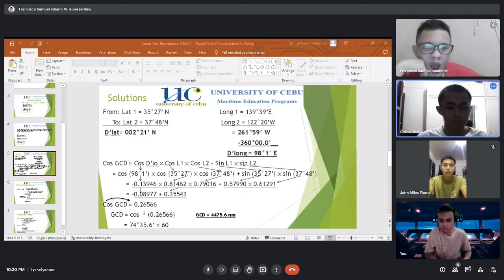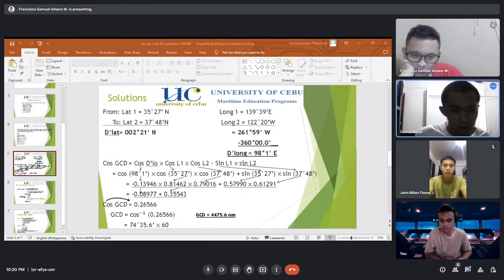And then plus the answer of sine 35 degrees 27 minutes, which is 0.57990, times the answer of sine 37 degrees 48 minutes, which is 0.61291. And then the answer is negative 0.08977 plus 0.35543.